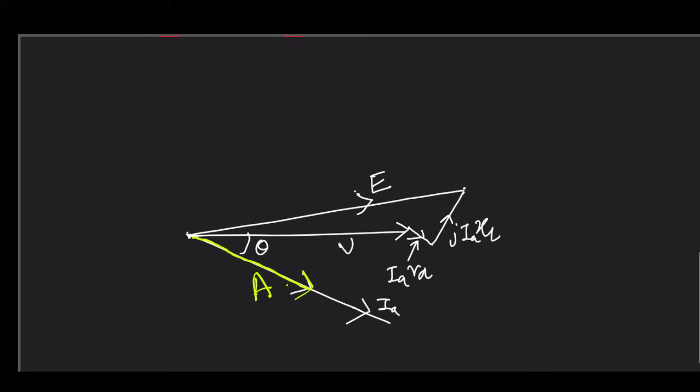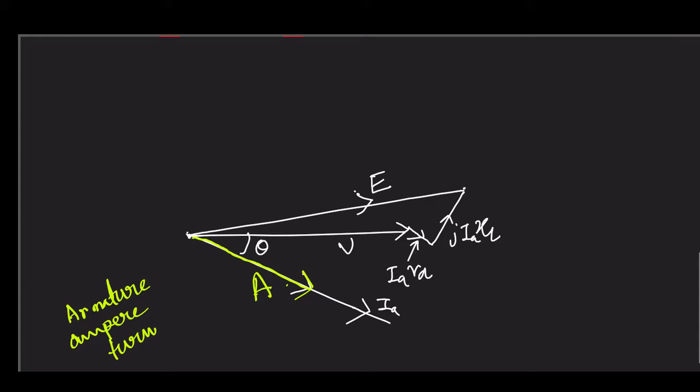A is your armature ampere turn. Now this A should maintain the same phase or same orientation as IA.